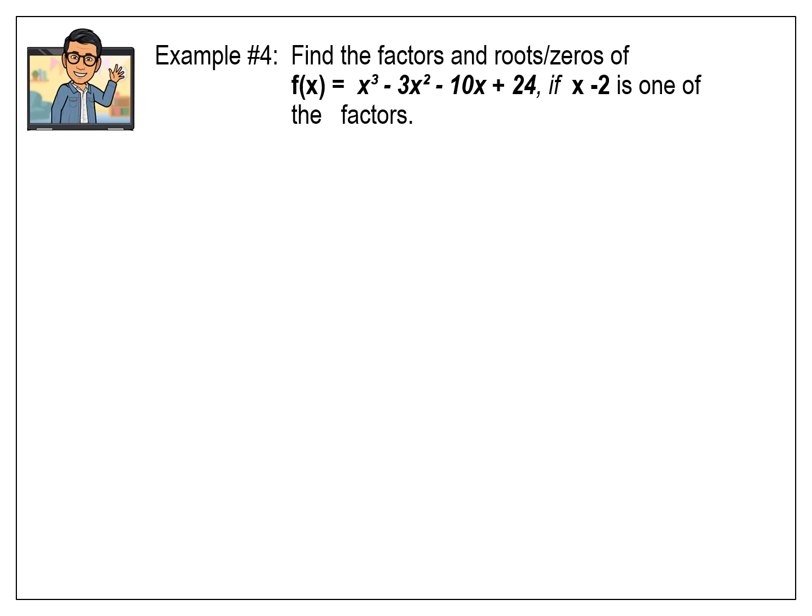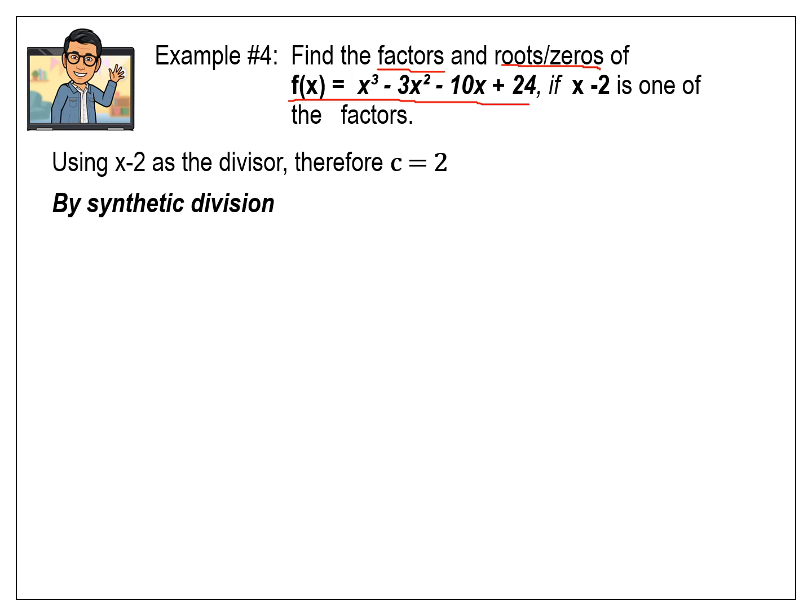So in this example, we are going to find the factors and the roots or zeros of this polynomial function. Since we are going to use x minus 2 as the divisor, therefore c is equal to 2. And we are going to use synthetic division in order to find the factors.